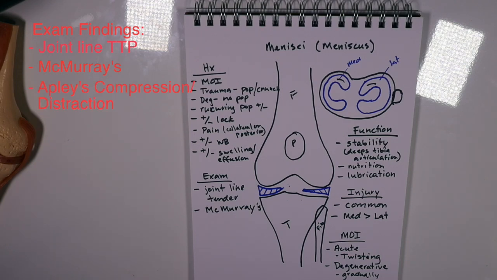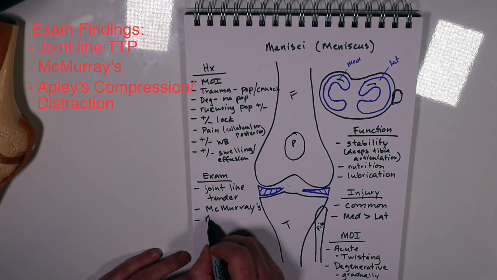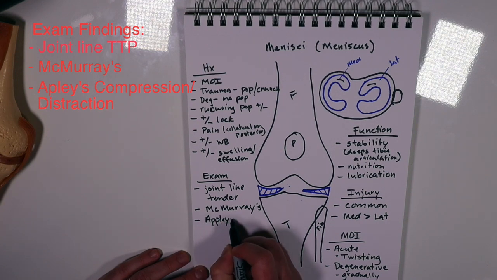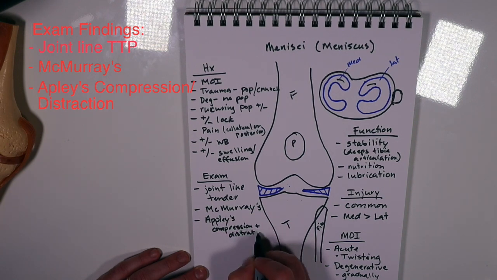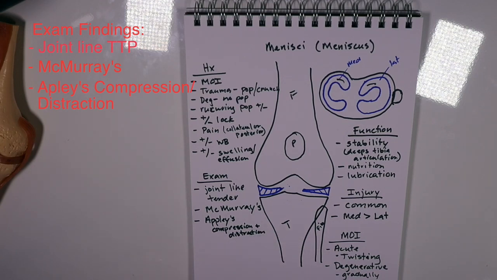One other test that you'll frequently come across is Apley's compression and distraction test. I'm not going to get too much into that, but essentially you're trying to do the same thing as a McMurray. You're trying to compress the meniscus and grind on it with flexion and rotation. But for this test, the patient is prone, lying on their belly.